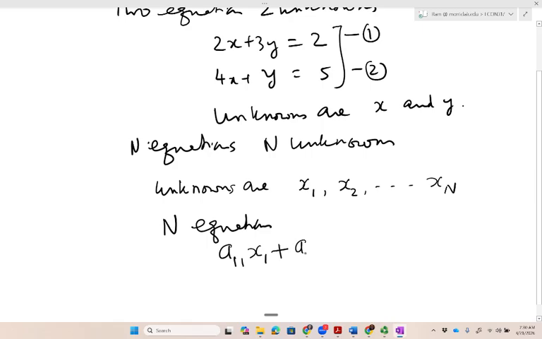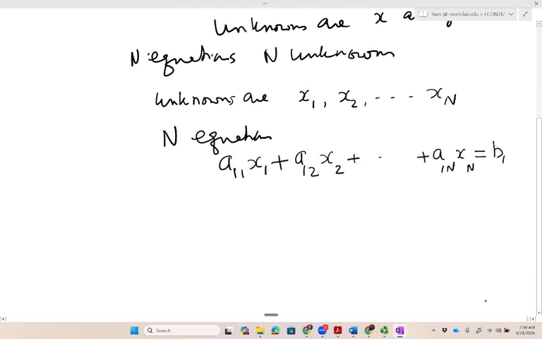I go to the next one, a12 for variable x2, on and on, a1n xn, and then we have a constant on the right hand side. I will write it as b1. So this is our equation 1, but now you can see it is a general form.